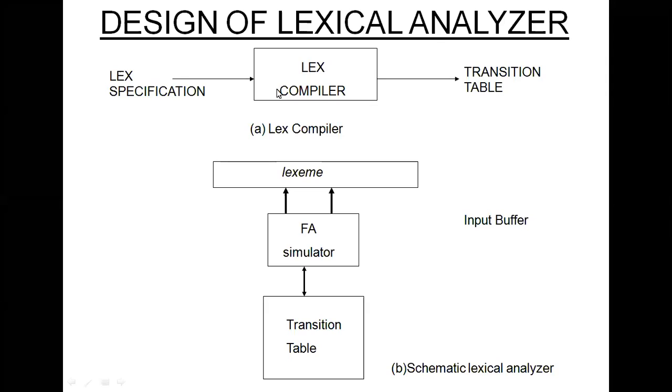See here, in the representation of a lex compiler, the input that we are giving to the compiler is in the form of a lex specification, and the output that we are getting is in the form of a transition table.